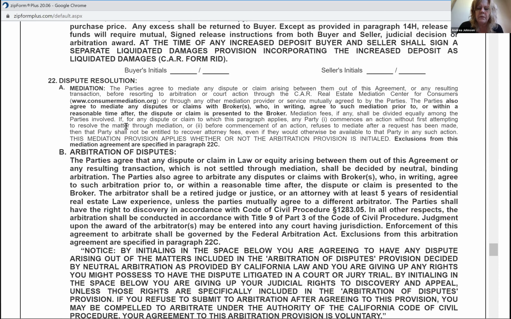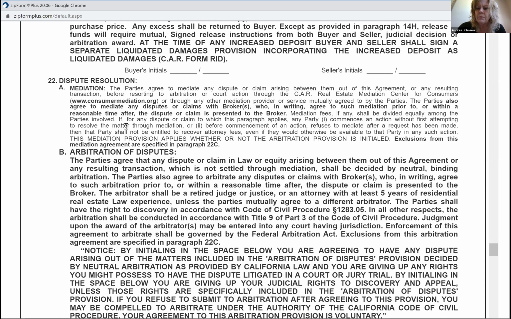Okay, so the CAR and our associations have mediators set up that we can go to. Now, the parties can also use any other mediation provider or service mutually agreed upon by the parties. I would recommend sticking with ones recommended by the associations.